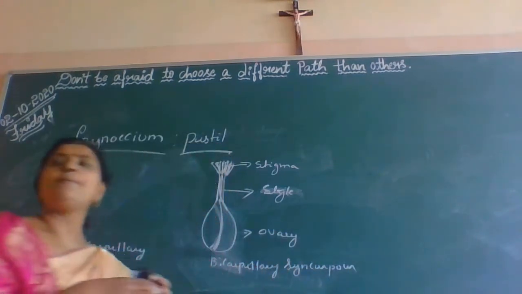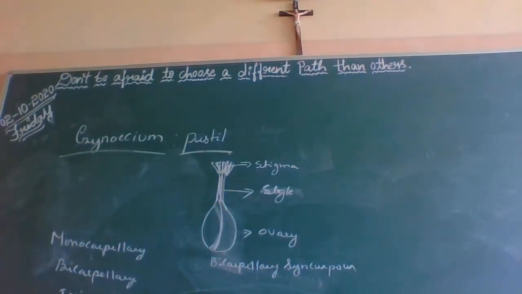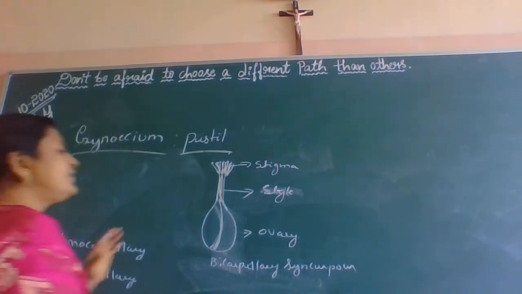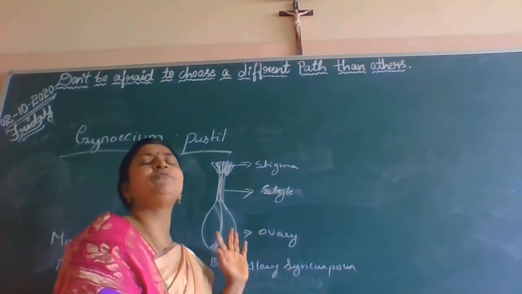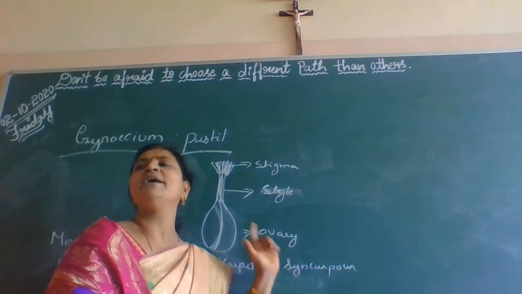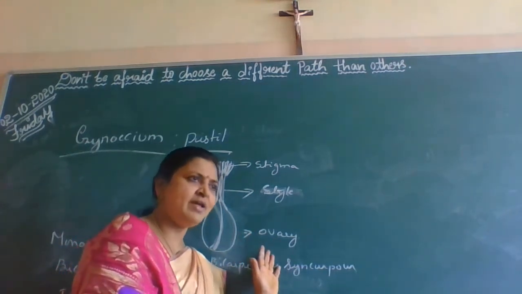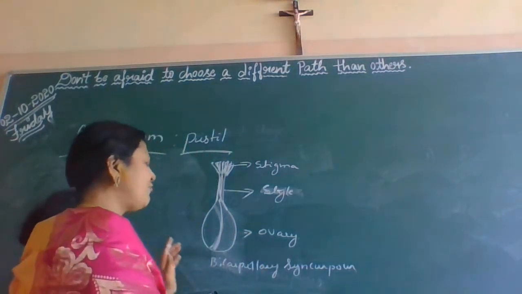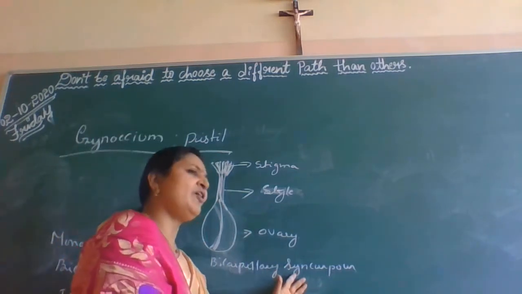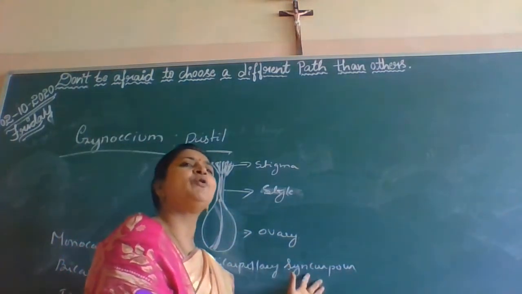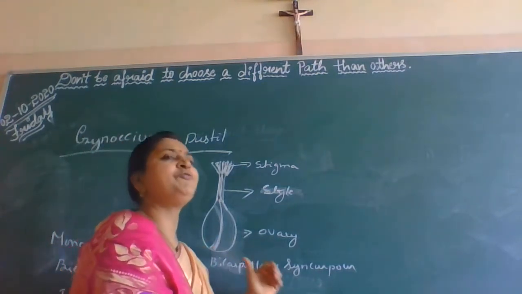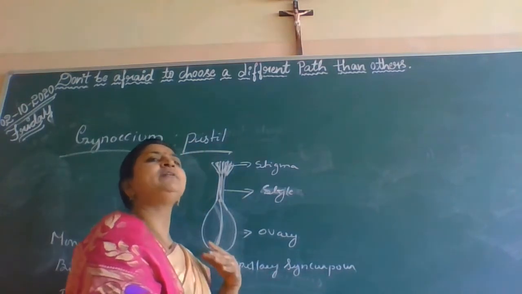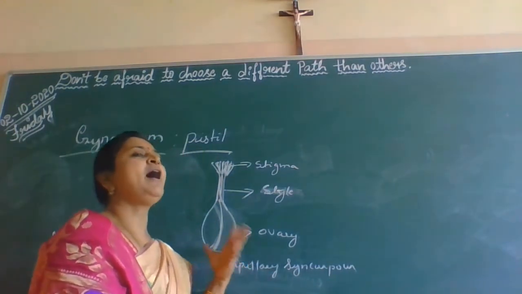That means when the number of carpels is more than 1, we should identify whether the carpels are free or fused. Based on the number of carpels as well as their fusion or free condition, we can identify bicarpellary syncarpous or bicarpellary apocarpous. When the number of carpels is 3, tricarpellary. When fused, syncarpous. When free, tricarpellary apocarpous.